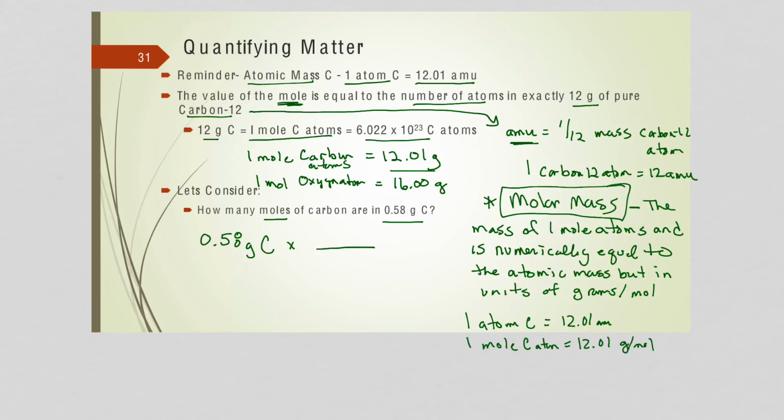So if I'm dealing with carbon and I want my grams down here and I want my moles of carbon up here, I know that 1 mole of carbon is equal to 12.01 grams of carbon.